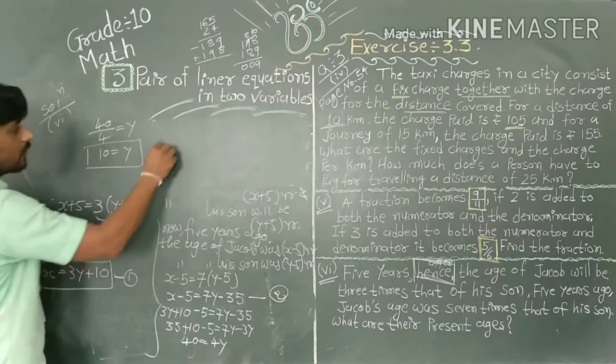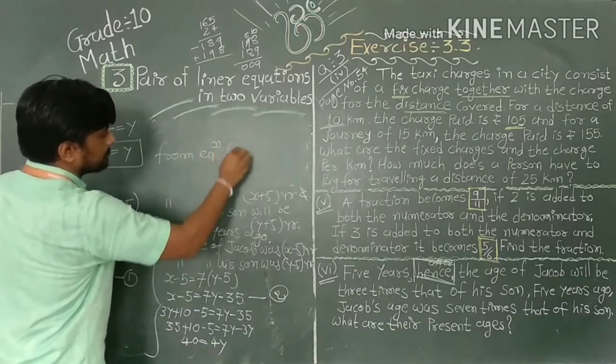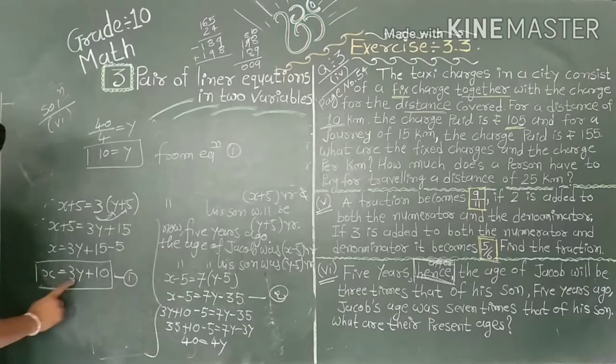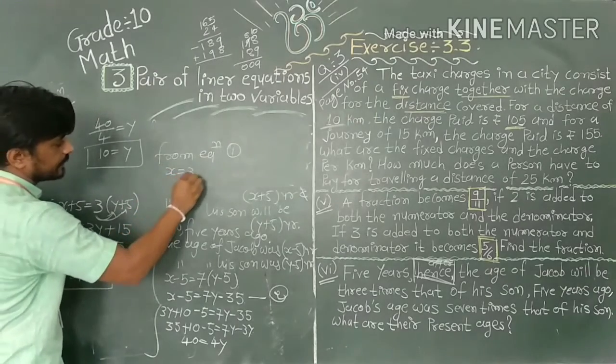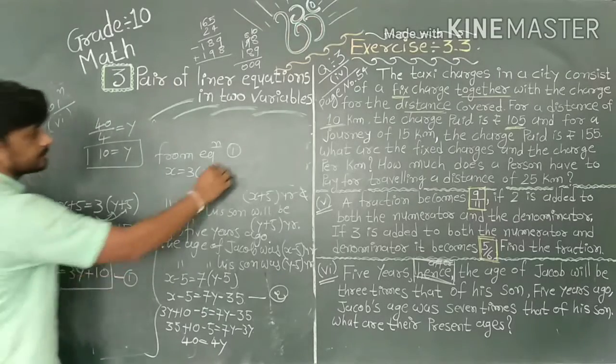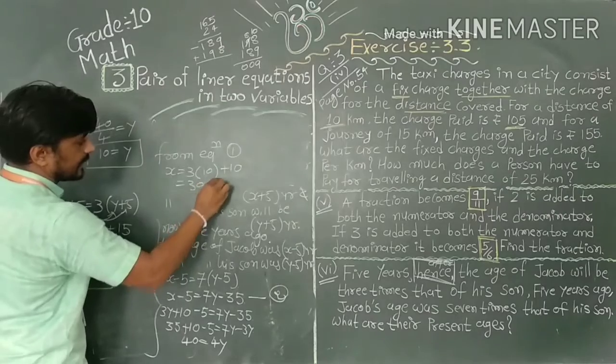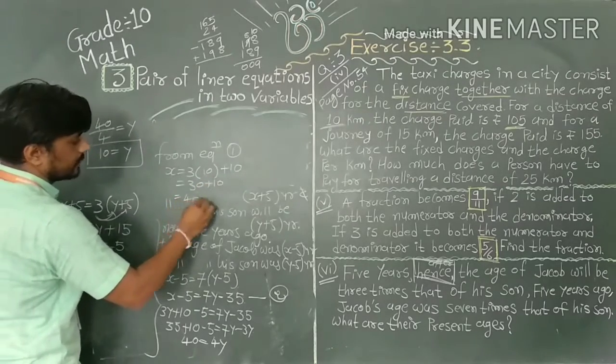Therefore, from equation 1, x is equal to 3y plus 10. What is y? y is 10. That means 30 plus 10, that means 40.